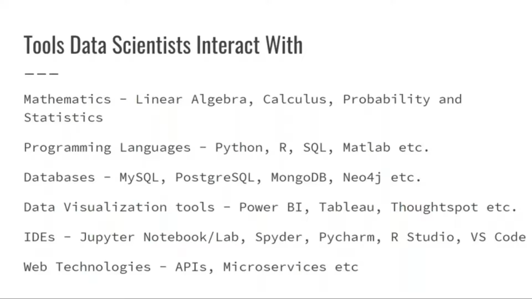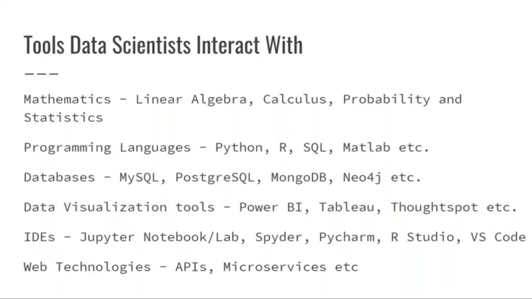Data scientists also work with data visualization tools. So I put out BI tools over here. These are usually tools used by data analysts, BI analysts, data scientists also use them. So Power BI, Tableau, ThoughtSpot, etc. But I think a lot of data scientists do data visualizations, but not with these tools. They primarily use the programming language itself that they're working with.